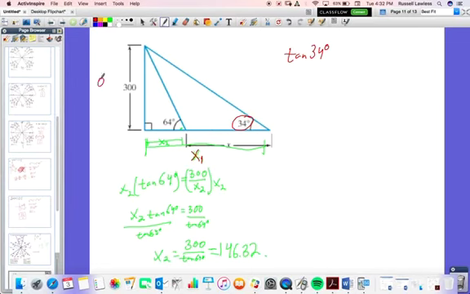From this angle, I'm looking at the opposite over my adjacent, and I'm going to set this to 300 over x sub 1. Now, rather than doing this two-step process, I'm just going to do a nice quick switch with x sub 1, and that'll be 300 over tangent of 34 degrees.